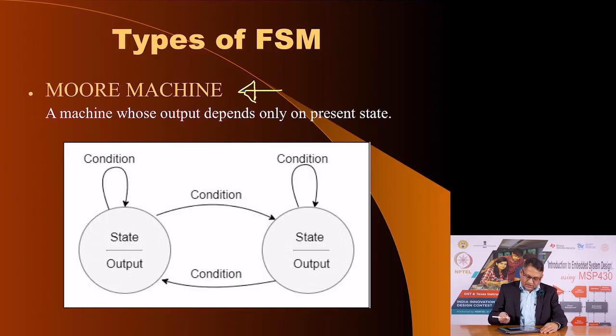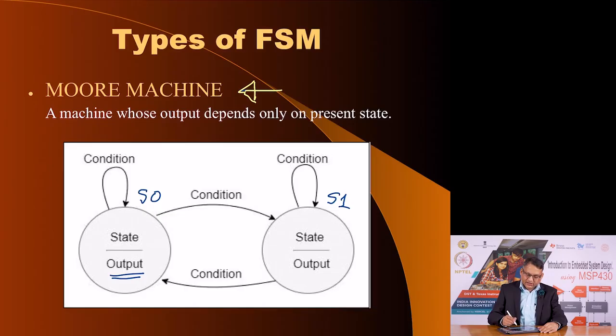Here in this machine there are two states, we could call them S0, state 0, and state 1. If you are in state 0, then it would produce certain outputs which you can define here. We have just given a label, output, but you can mention what all outputs you have and what the values of those outputs are, 0, 1, whatever.